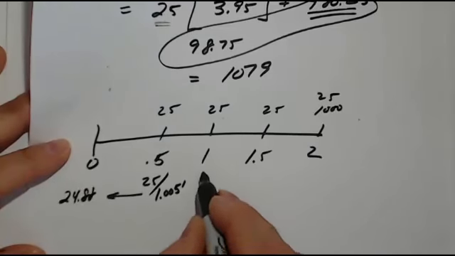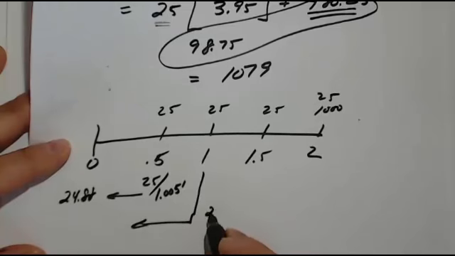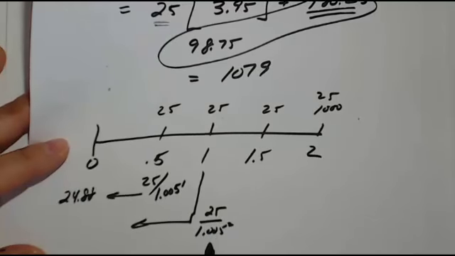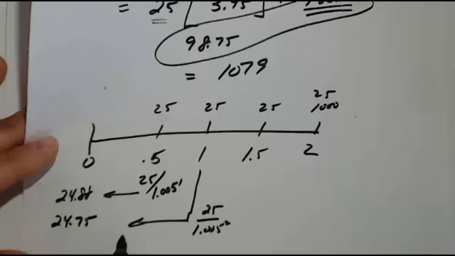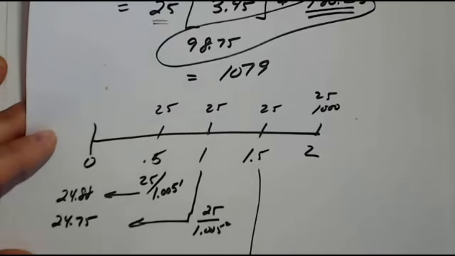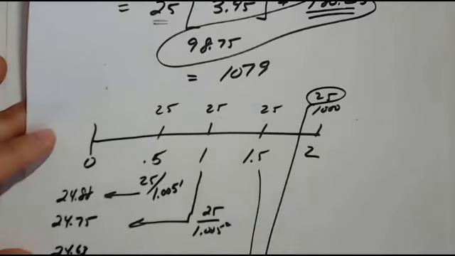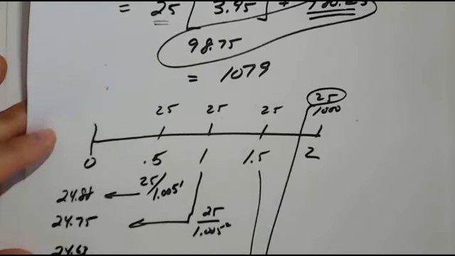Okay, and then take this cash flow, 25 over 1.005 squared, the present value of $25 discounted over a 1-year period at 0.5% per period, that's worth $24.75. And you continue down the line, this is worth $24.63. This cash flow is worth $24.50.